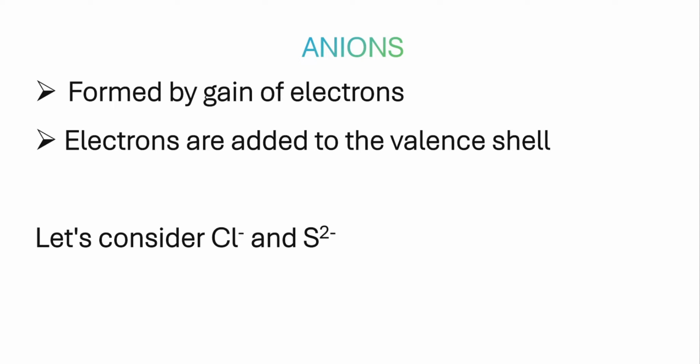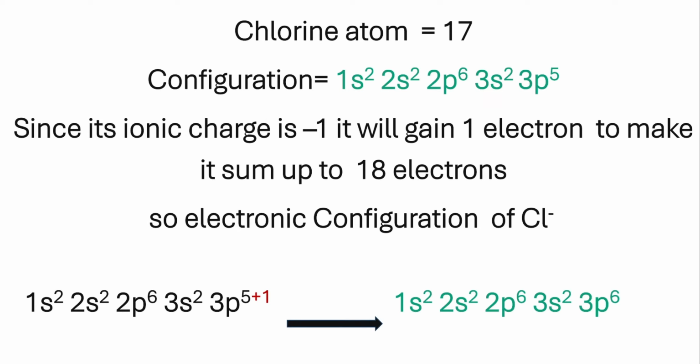So let's consider chloride ion and sulfide ion. Looking at the chlorine atom, which has 17 electrons and whose electronic configuration is 1s2, 2s2, 2p6, 3s2, and 3p5, it is going to gain 1 electron. Remember, anions are formed by the gain of electrons. The number of electrons it will gain is determined by the magnitude of the charge, which in this case is 1.